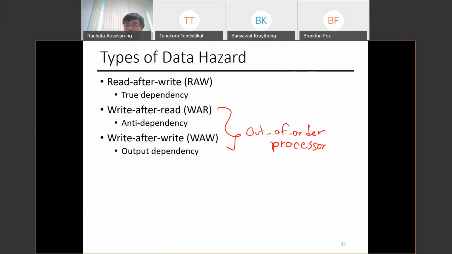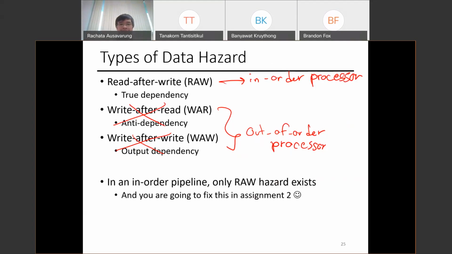We will not talk about these two for now, because the current pipeline processor is in order. An in order processor means that I'm going to run everything in the order of the sequence you see from the assembly code, line by line. So only the RAW hazard applies, and you're going to fix this as extra credit in assignment 2.